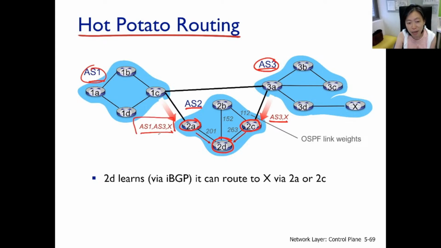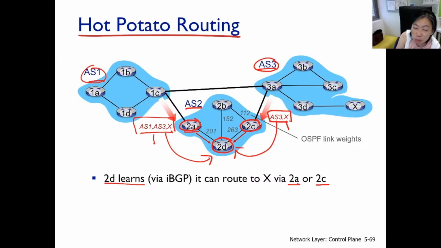That is AS1, AS3, X. So 2A passes this path to 2D. 2C also passes on this path to 2D. So 2D in the end learns there's one AS path through next hop 2A, this guy, and another AS path through 2C, this one.